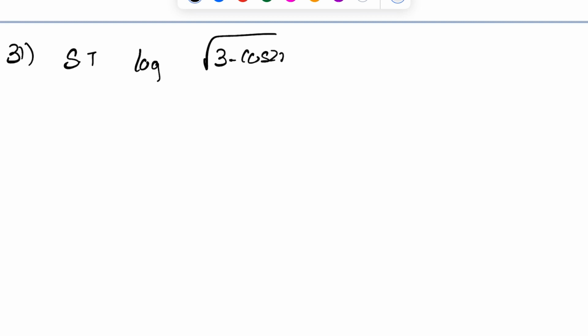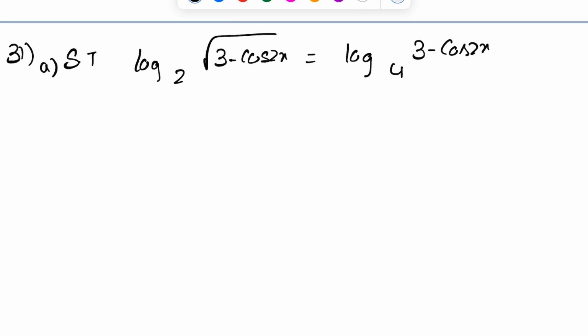Now coming to question number 31. So what's question number 31? We need to show that log square root of 3 minus cos 2x to the base 2 equals log 3 minus cos 2x to the base 4.